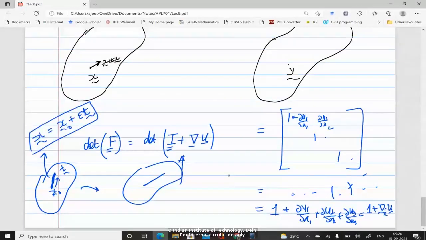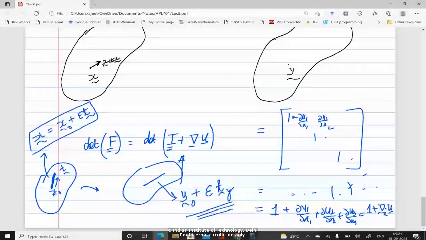And you should show that after deformation, it becomes some y naught plus epsilon times some t_y. So that's a direct proof that a straight line has indeed remained a straight line. It may have rotated, but the shape is still a straight line only.